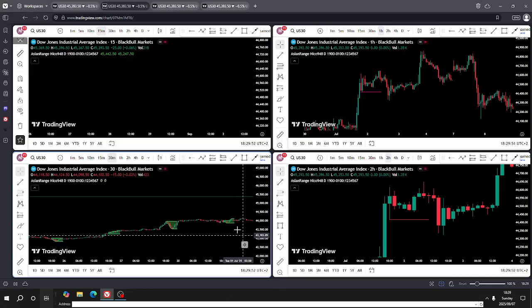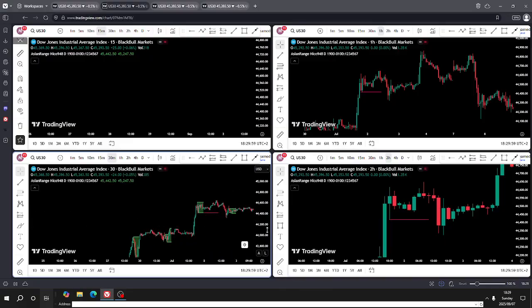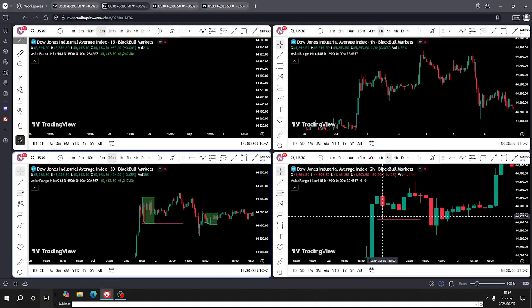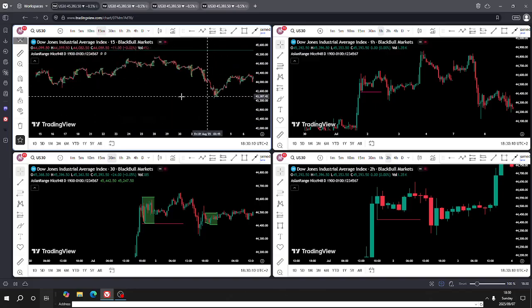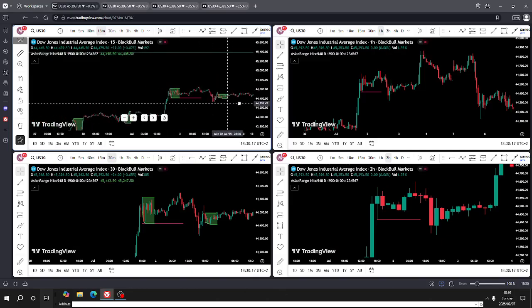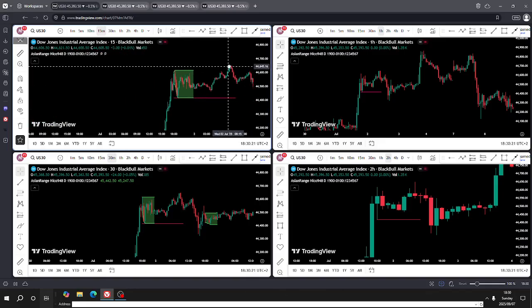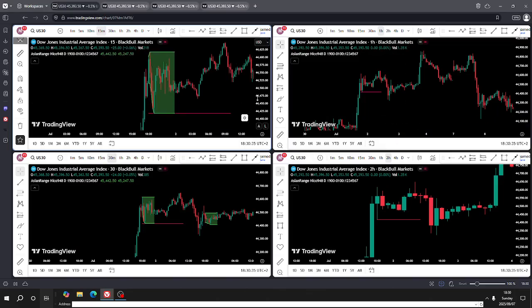Oh, it cannot load so many times. I'm actually looking for the order block that I was talking about. Actually here the only order block that I basically see is only one order block.